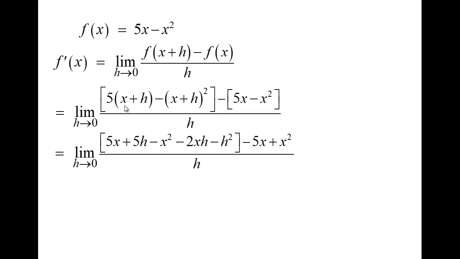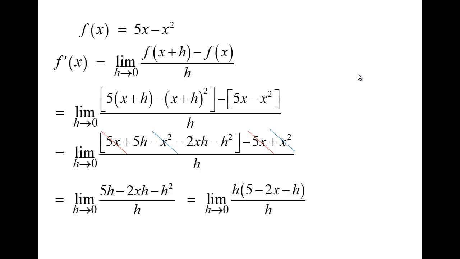So here we get 5x plus 5h minus, if you expand here, x squared plus 2xh plus h squared, and then you are subtracting 5x minus x squared. Notice we can cancel out 5x and x squared, and we are left with 5h minus 2xh minus h squared over h.